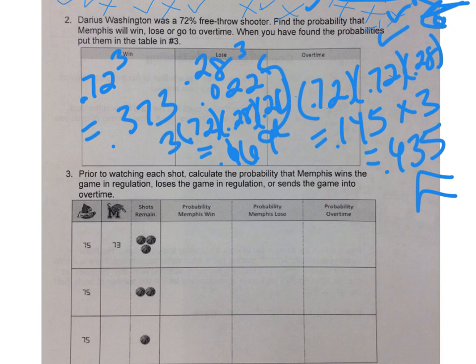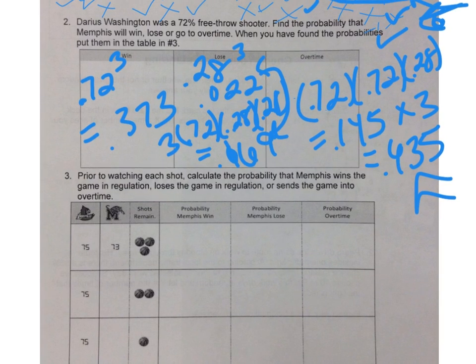Okay, so let's go on to part 3 here then. Prior to watching each shot, calculate the probability that Memphis wins the game in regulation, loses the game in regulation, or sends the game into overtime. So his first shot, he's taken no shots, so his probability of Memphis getting a win is still 0.373.